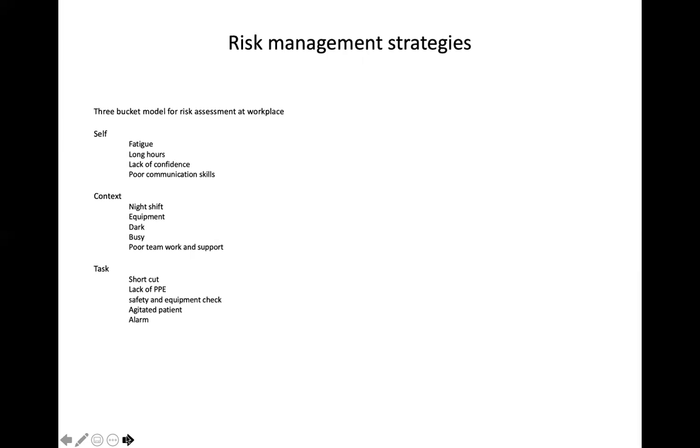Fatigue, long hours, lack of confidence, and poor communication skills come under the self category. Context includes night shift, equipment, dark, busy environment, and poor teamwork and support. Task covers components such as shortcuts, lack of PPE, safety and equipment checks, agitated patient, and alarm.